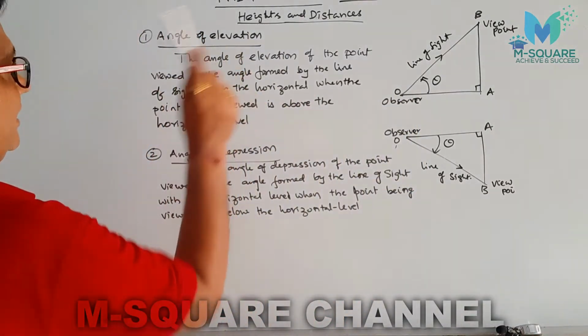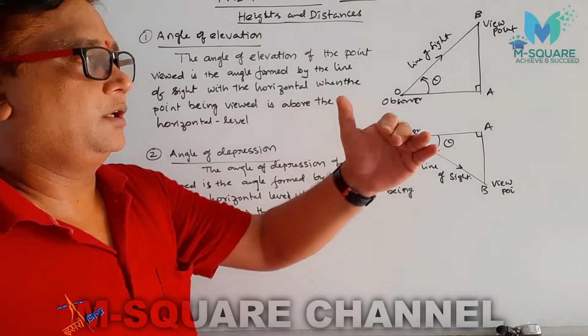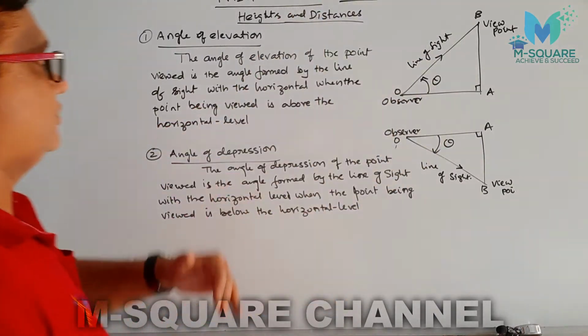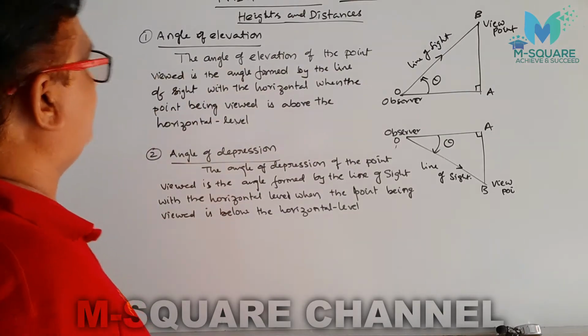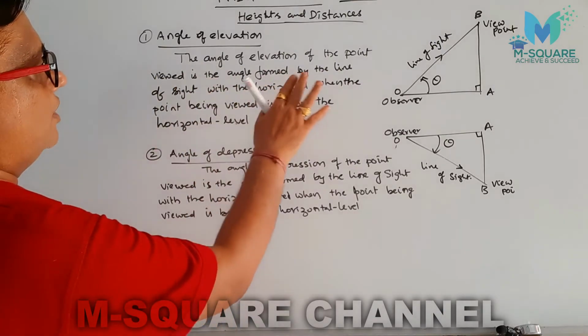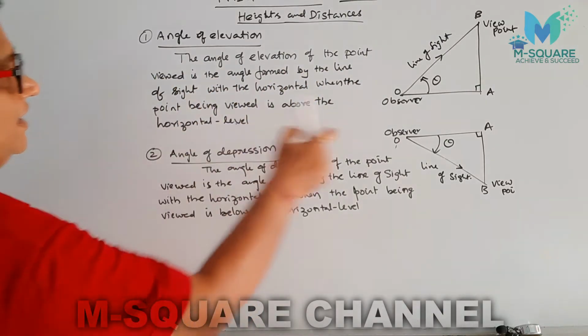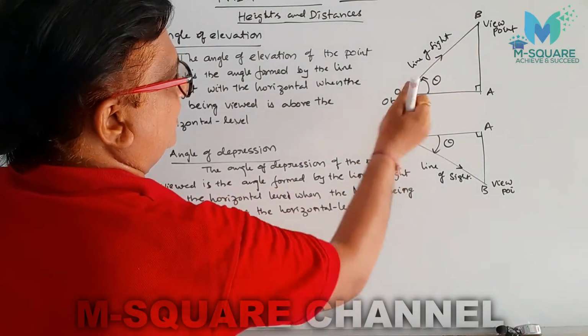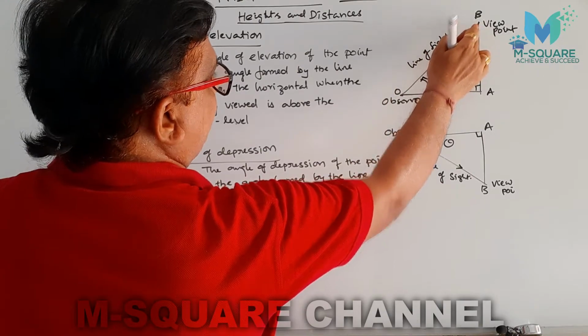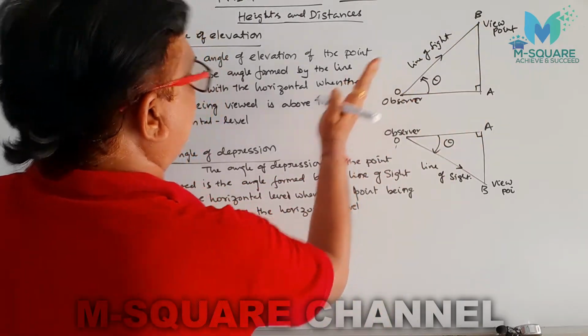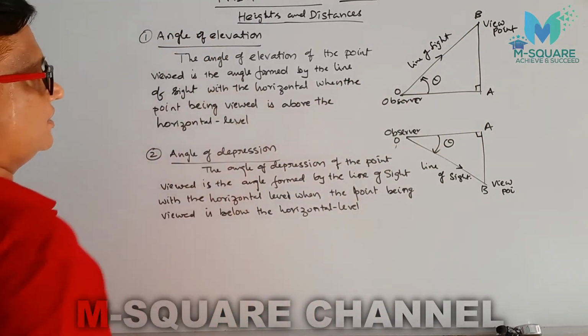Now the angle of elevation: if you see the object above the horizontal level, the angle of elevation of the point viewed is the angle formed by the line of sight with the horizontal. Line of sight means this is the observer's eye, and you are seeing the viewpoint. So this is the horizontal.